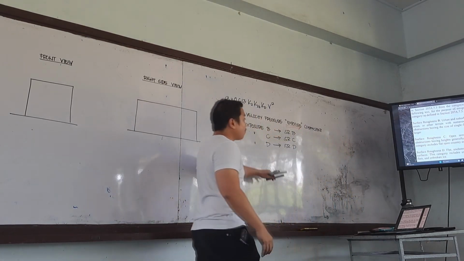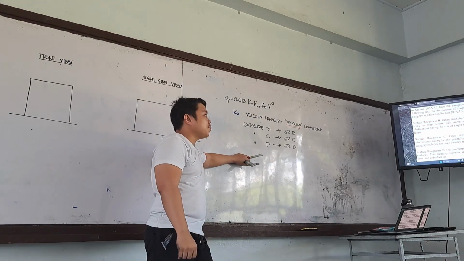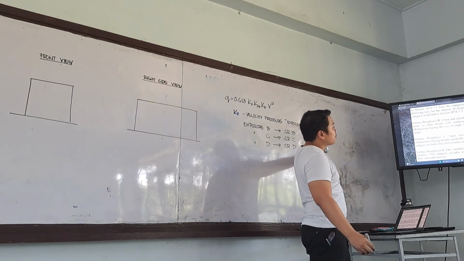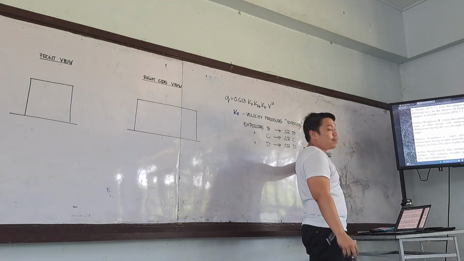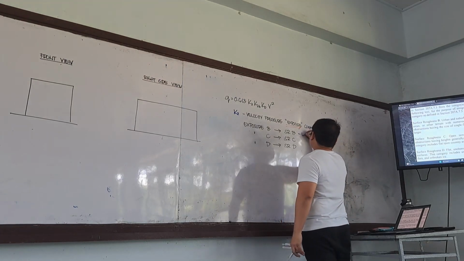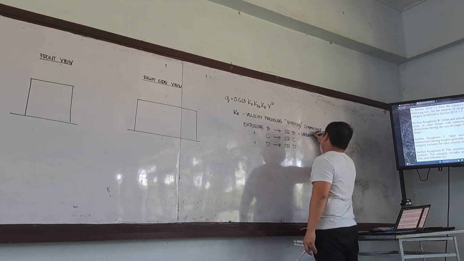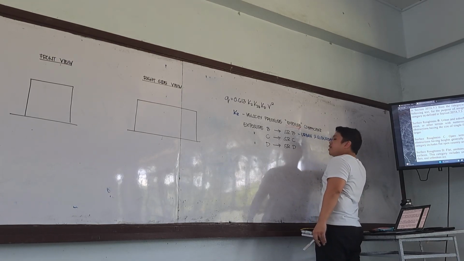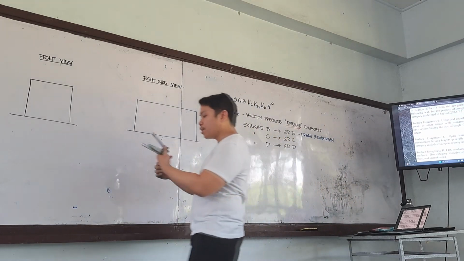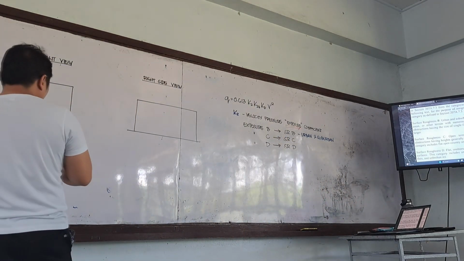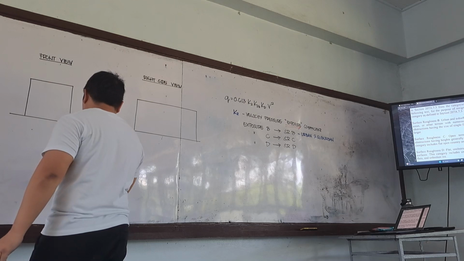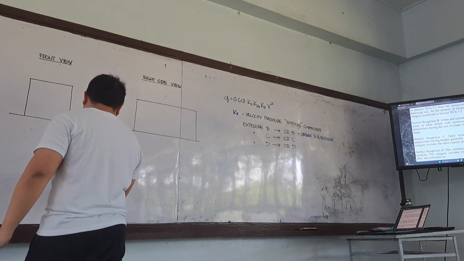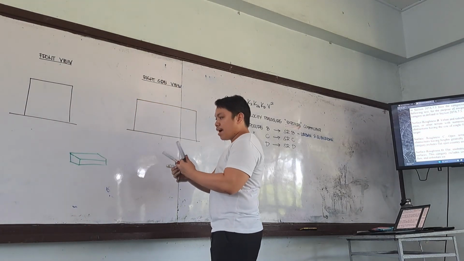We will have 3 types of surface roughness: B, C, and D. For our B, these are all buildings located in urban or suburban areas. What is the effect or uniqueness of exposure B? Let's say this is your building structure, but it is located in an urban area.